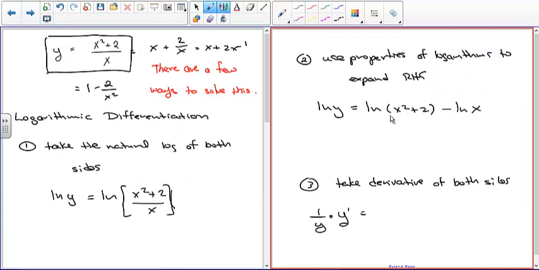Then the derivative of these, we just did something like this, so I'm going to write it out. The derivative of x squared plus 2 is going to be 1 over x squared plus 2 times 2x. So I take 1 over the argument times the derivative of the argument. And then the second one is the derivative of the natural log of x, just 1 over x.